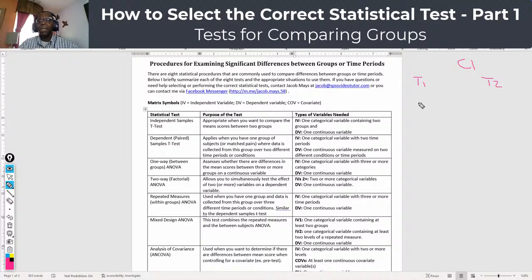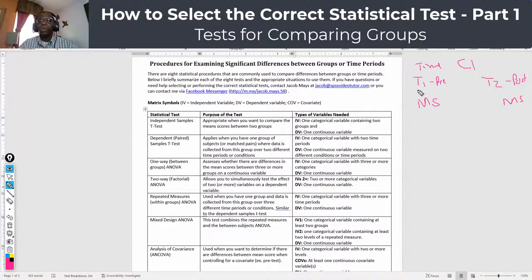We have the math scores at time 1, which we call the pre-test, and then time 2 would be the post-test. This would be at the beginning of the semester, and this would be at the end of the semester.